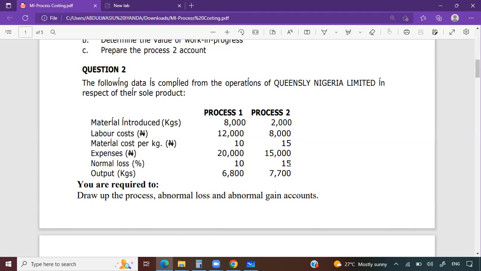How much are we bringing forward from process 1? We are bringing forward 6,800, and we introduce 2,000 kg of material.